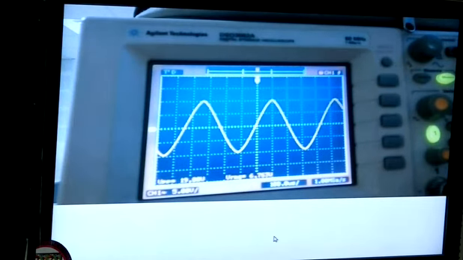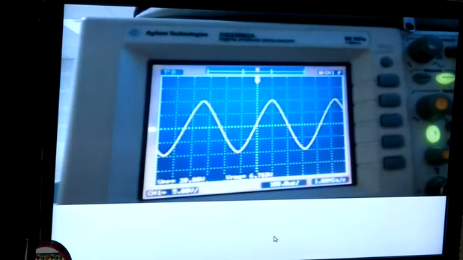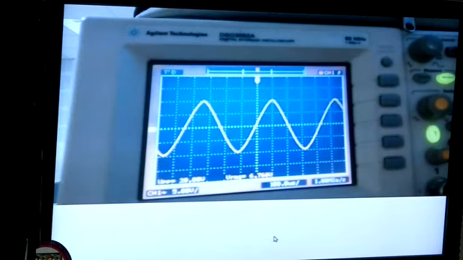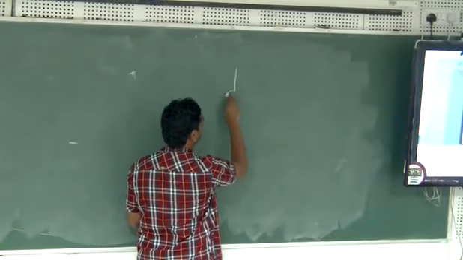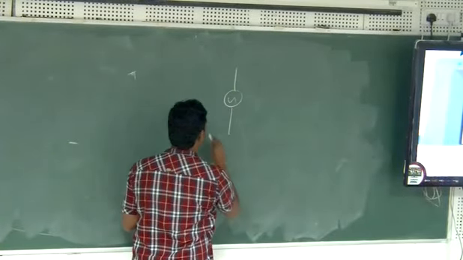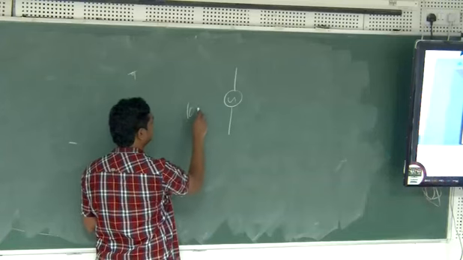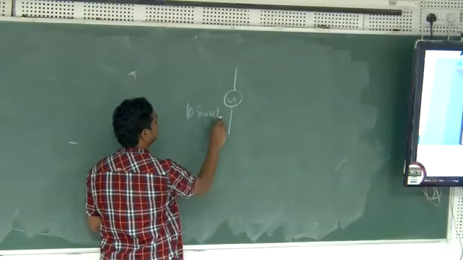You can come here. Okay. So maybe I will just want to write something here. So the circuit we'll try is something like this. I have 10 sine omega t.